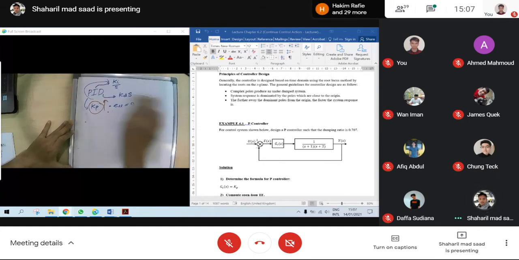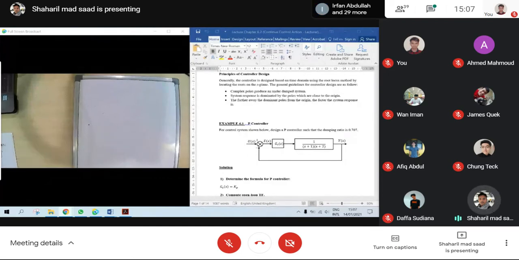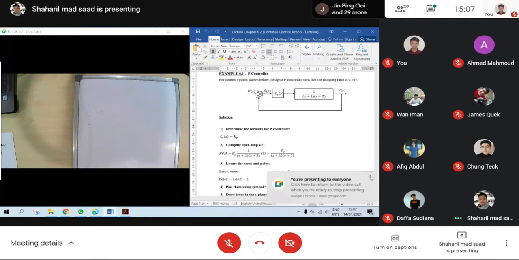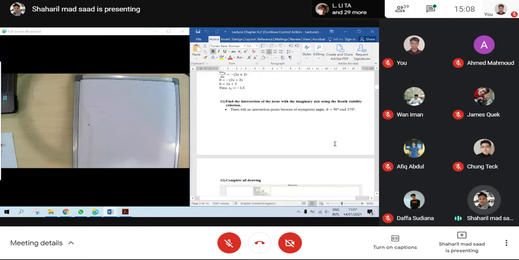Okay. So I think you still remember that. We have done this one when we apply the P only, Kp. So we try to find the K value for damping ratio equal to 0.707. Then we need to do some root locus there.